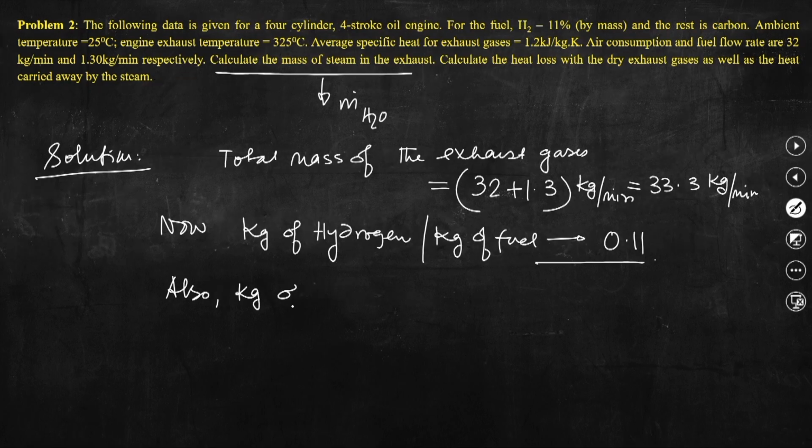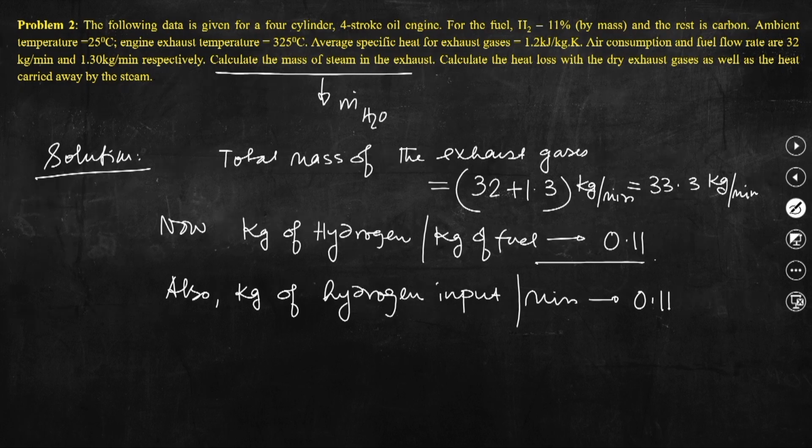Also, kg of hydrogen input per minute: kg of hydrogen per kg of fuel is 0.11 by mass, so kg of hydrogen input per minute should be equal to 0.11 times the fuel flow rate, which is 1.3 kg per minute.